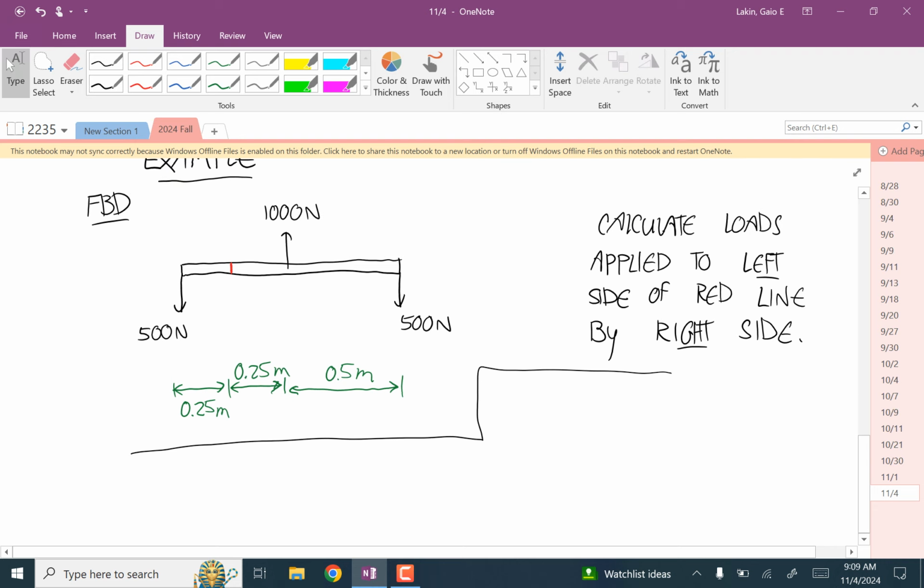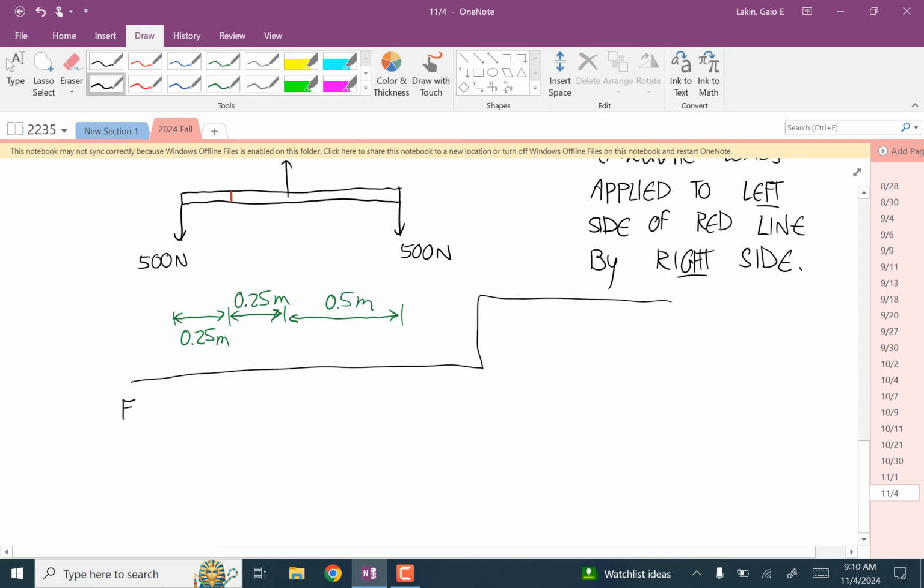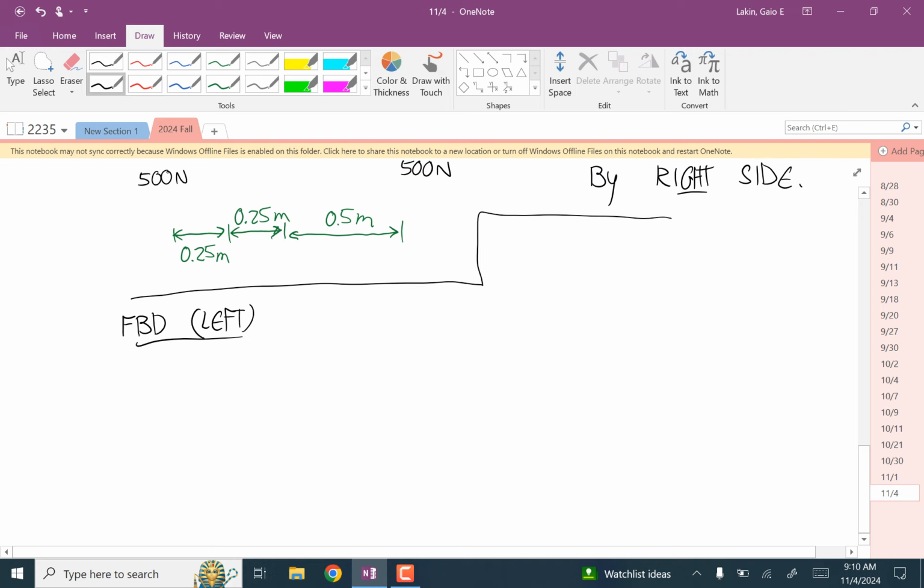Okay, well, what I'm going to do is isolate, instead of isolating this whole beam, the piece of it that goes all the way from the left end up to that red line. So I'll draw a free body diagram of the left part. That means we're ignoring all of this.